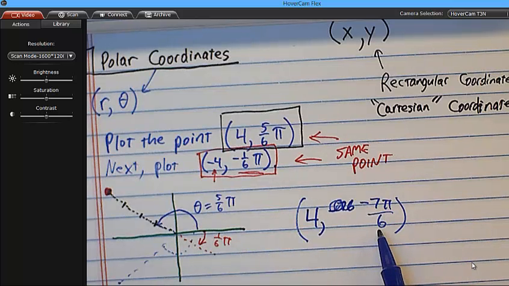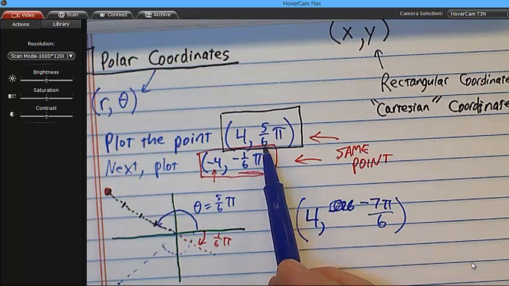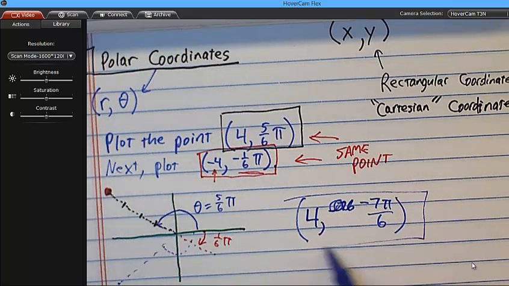Matter of fact, negative 7/6 pi, if you add 2 pi to that, you're adding 12 pi over 6, you're going to get back to here. So there are many ways to represent a point in polar coordinates. Okay? And you might say, well, why are we making this so complicated?